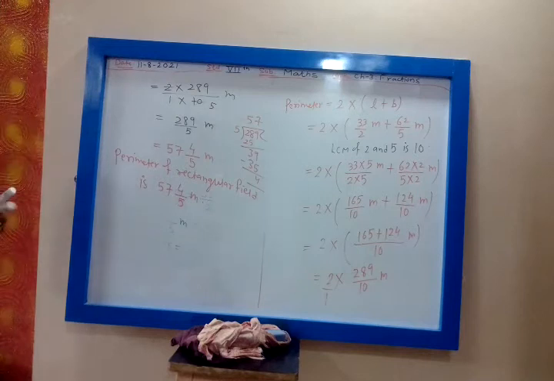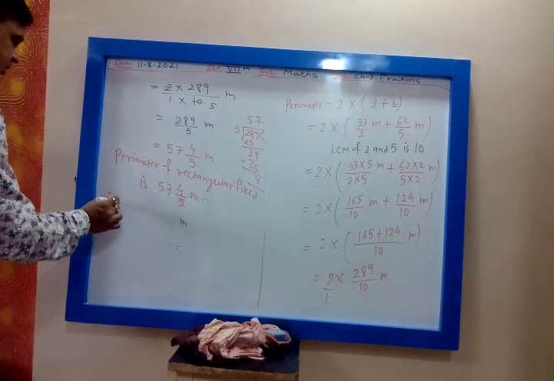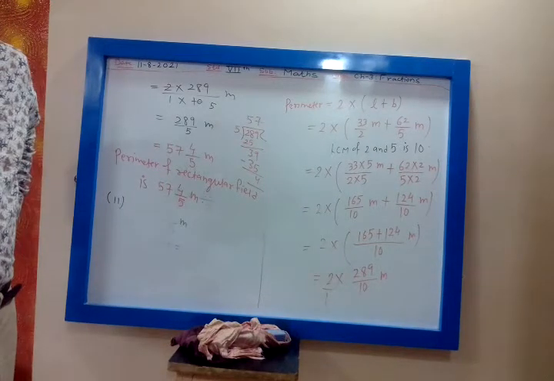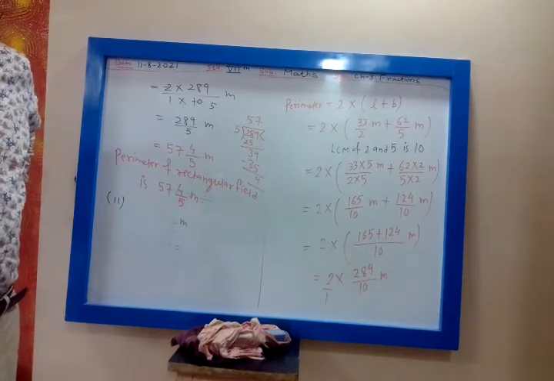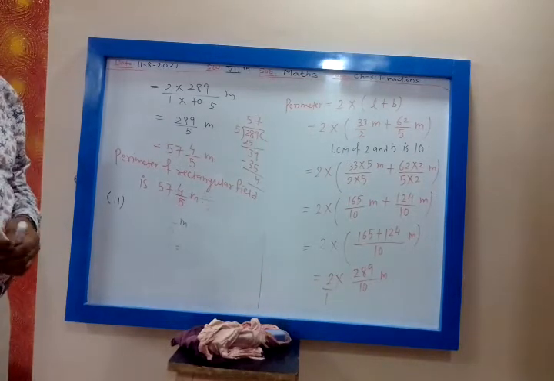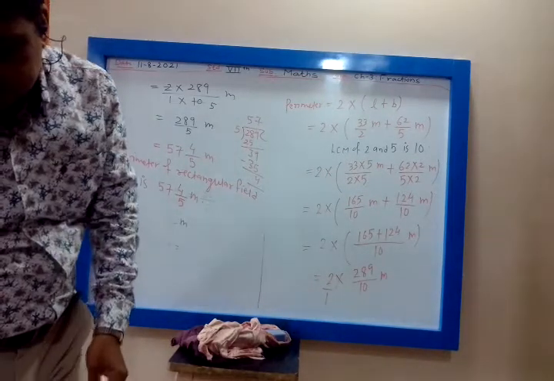Now 11th one. Sugar costs 37 and 1 by 2 per kg. Find the cost of 8 and 3 by 4 kg of sugar. So what you will do? Yes, you will multiply.